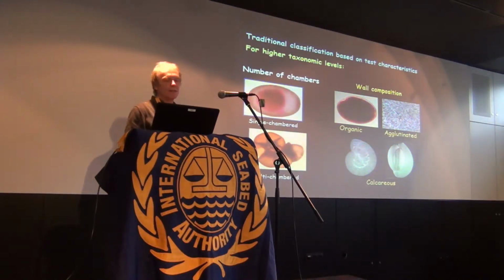The traditional classification of forams is based almost entirely on the test characteristics. For higher taxonomic levels, the number of chambers, whether the test is single-chambered or multi-chambered, is important, and the wall composition. The 3 main types of wall are organic, agglutinated, and calcareous.